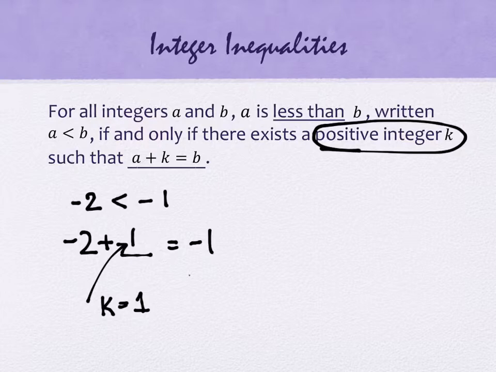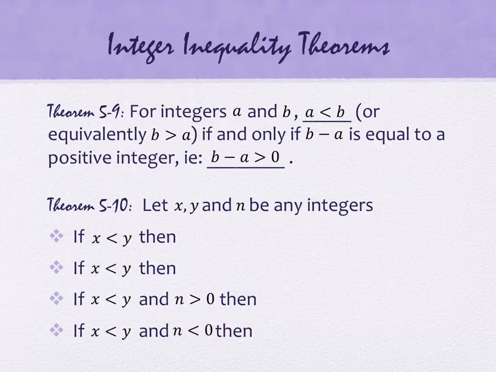Just notationally, Theorem 5.9 says, for integers a and b, a is less than b if and only if b minus a is equal to a positive integer. So again, let me use the ones I just did. This is negative 2 is less than negative 1.